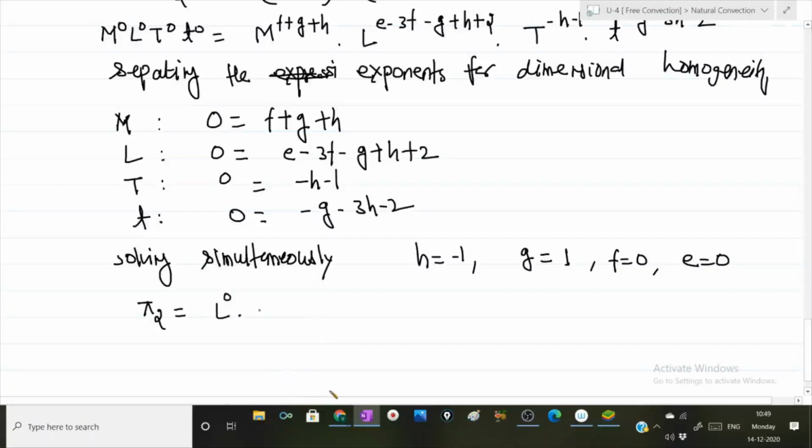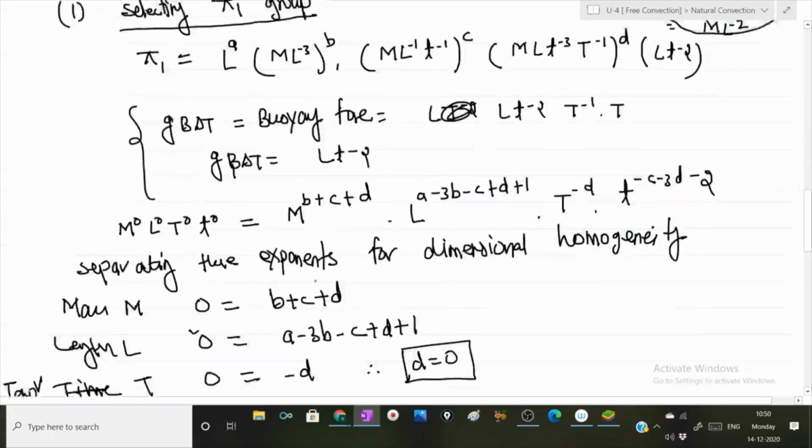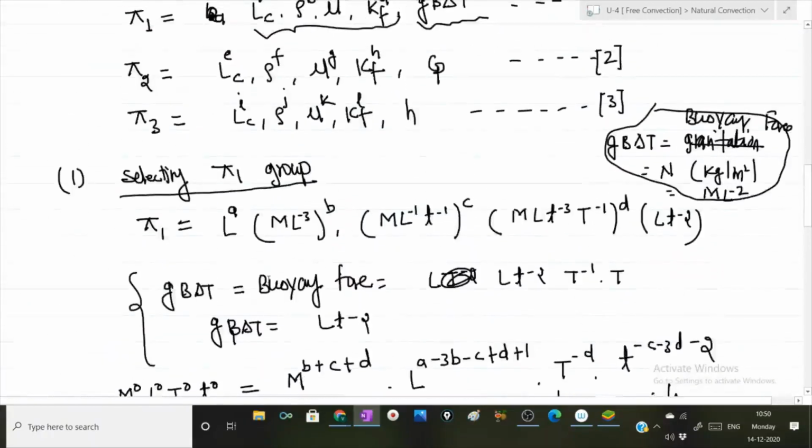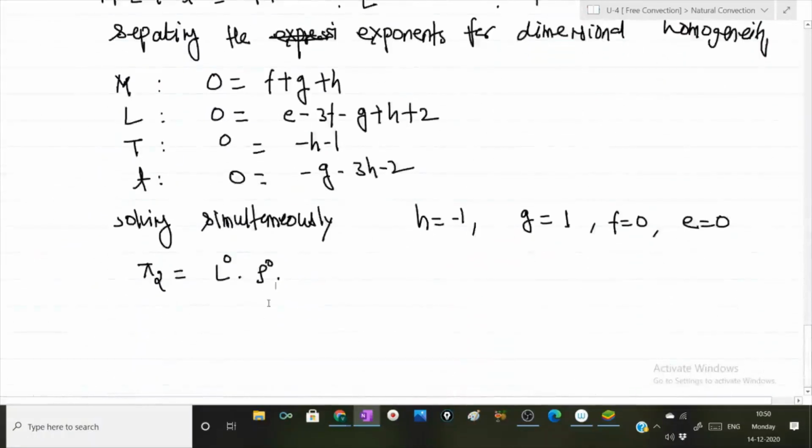Rho power f means rho power 0. Then what is the third term? Mu and Kf. Mu power g means mu power 1. Kf power h means Kf power minus 1. And Cp has no power because it is a selected variable.